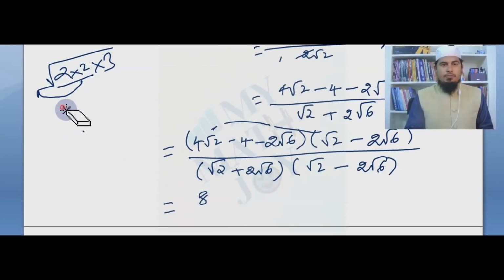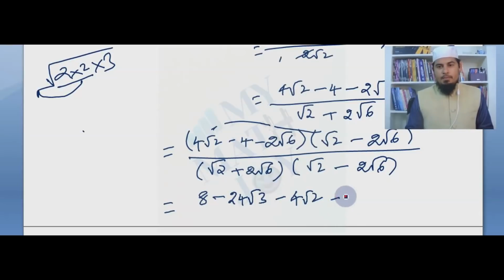This is all rough work. 24 root 3. We multiply this with 2 root 6. You got 24 root 3. Now 4 should be multiplied with both this minus 4 root 2, and 4 is multiplied with minus 2 root 6, so exactly it will become minus 8 root 6. This 2 root 6 should be multiplied with again these 2. 2 root 6 times root 2.